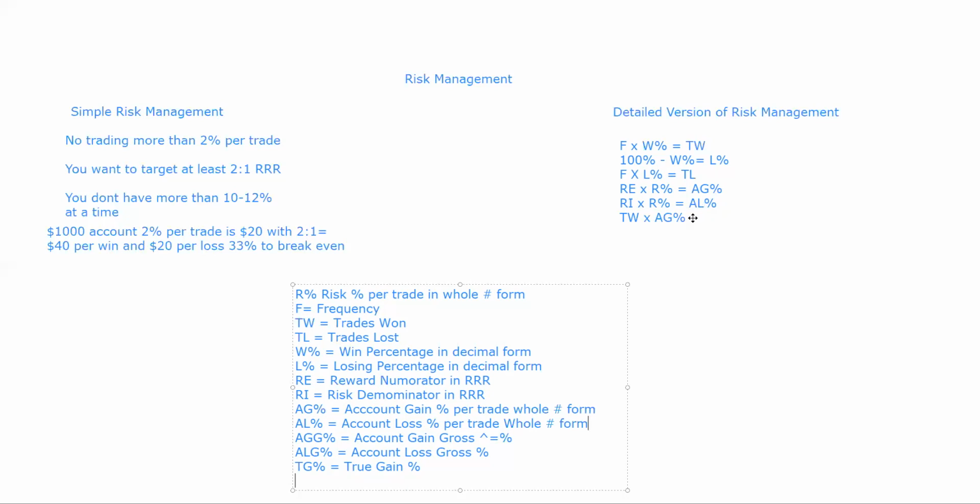There we go. That's going to equal your account gain gross. So your total account gain gross for that, let's just say week for this example, for the week. And then trades lost times your account loss percentage.